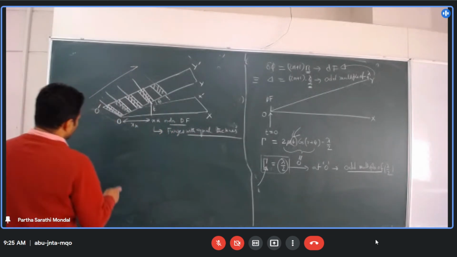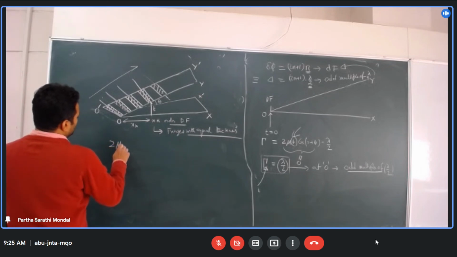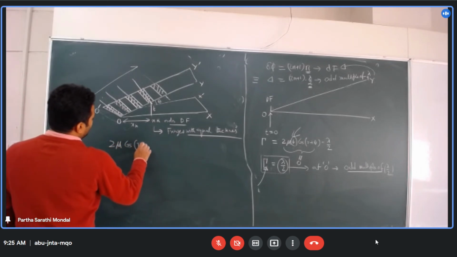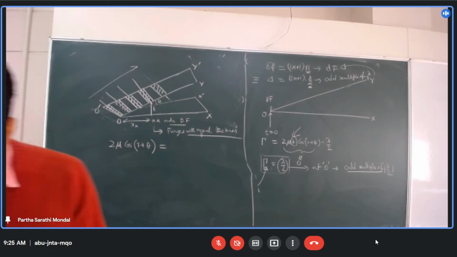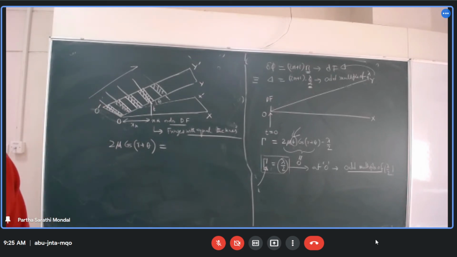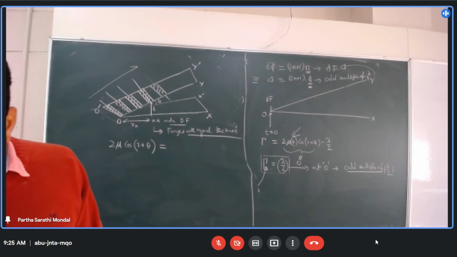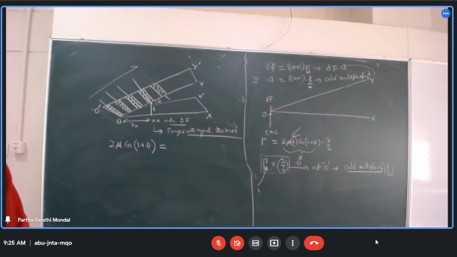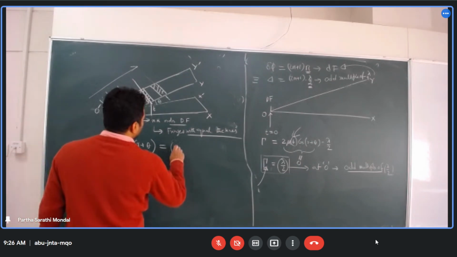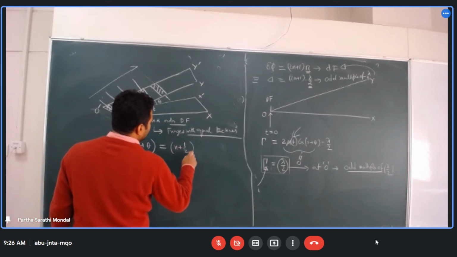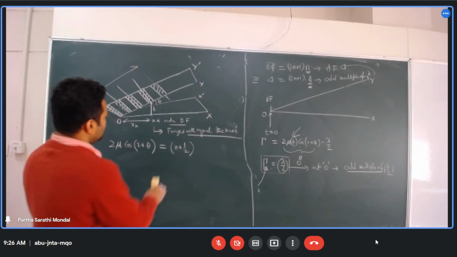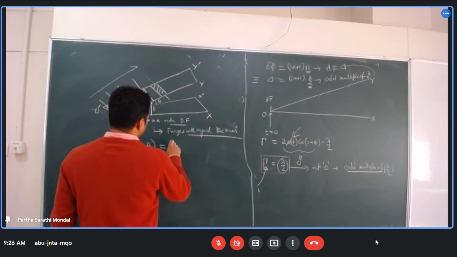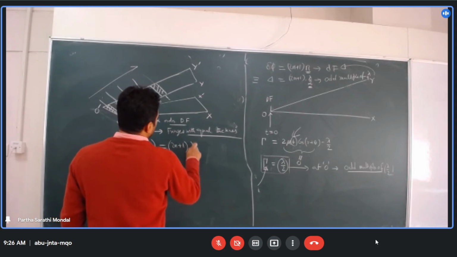what was it? 2 mu cos (r plus theta) equal to, what was the formula for the bright fringe? So it became n plus half, right, it was an odd multiple, so that means you can write this as 2n plus 1 into lambda by 2.